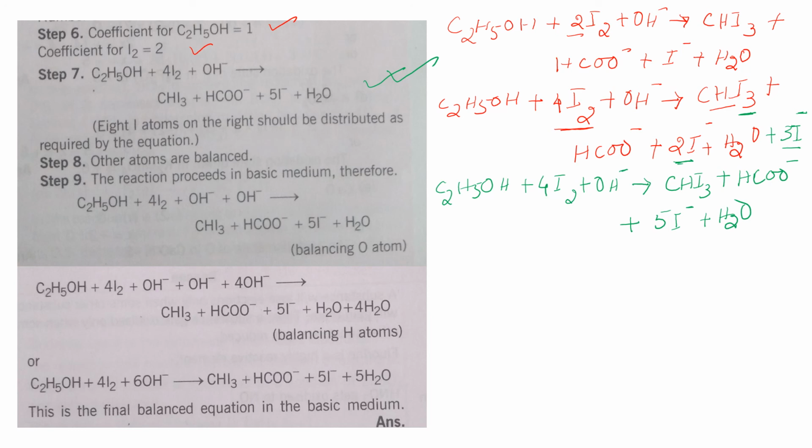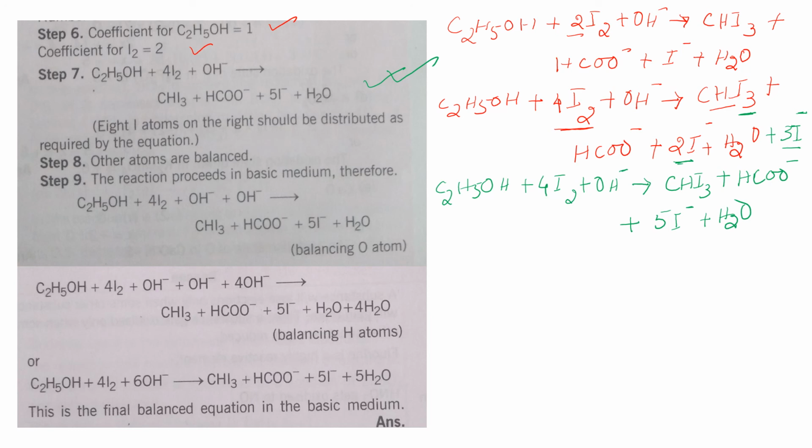If the given equation is ionic and proceeds in basic solution, balance oxygen atom by adding sufficient number of OH minus ion on the side deficient in oxygen atom. So let me first do that.